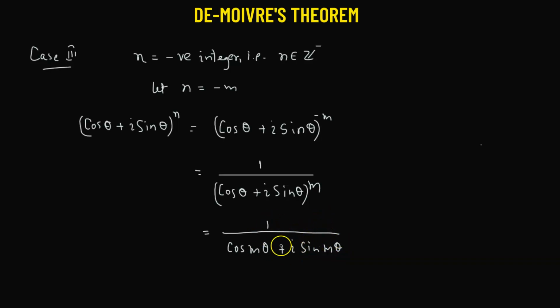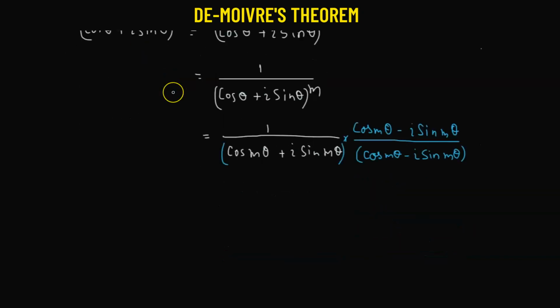Now what we have to do, we have to convert it into our standard form. To convert it into a standard form, we'll multiply both the numerator and the denominator with the complex conjugate of this denominator, which is cosine of m theta minus iota times sine m theta, and we'll also have to multiply the numerator as well. So we'll have cosine of m theta minus iota times sine m theta in the numerator. So let's simplify this.